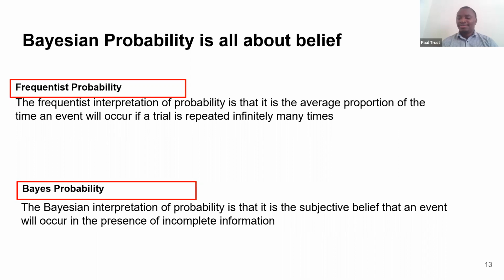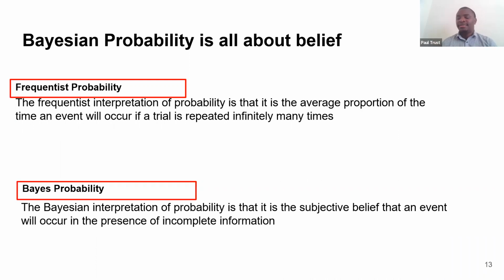So different observers will have different views about something depending on the information they have. There is, for example, the prevalence of coronavirus, COVID-19. If we want to know the prevalence of a virus in a certain area, and we have not done statistics, if you ask two different people, they will have different views depending on the information they have.